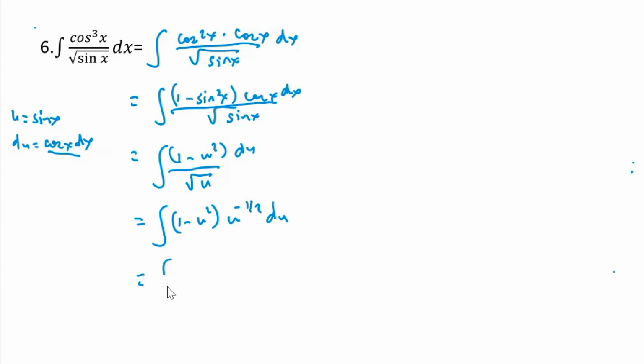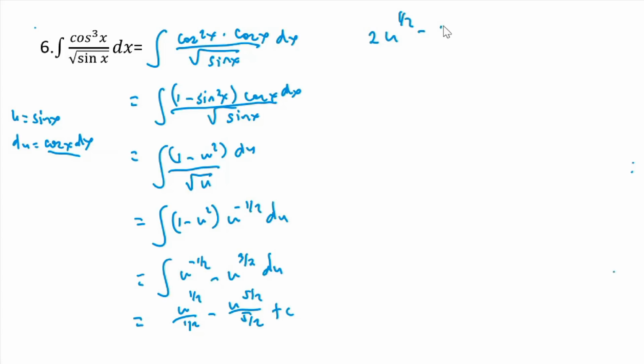And then by multiplying, we can write now u to the power of negative 1 half minus u to the power of 3 halves du. By integrating, we can write now u raised to 1 half over 1 half minus u to the power of 5 over 2 over 5 over 2 plus a constant, or that can be written now as 2 times u raised to 1 half minus 2 over 5 of u raised to 5 over 2 plus a constant.